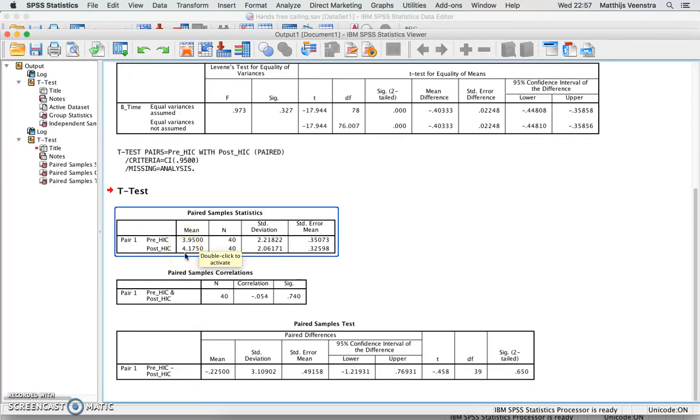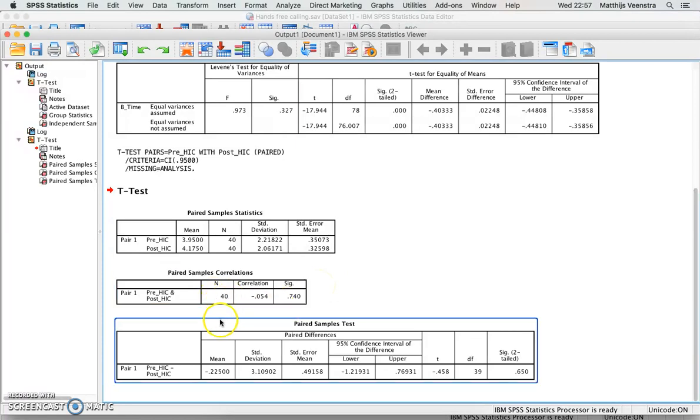The same is for the post-treatment hiccups. So the average amount of hiccups observed in 10 minutes was around 3.9 hiccups before they got the medicine and 4.17 after they got the medicine. Okay, here's the number of participants, 40.